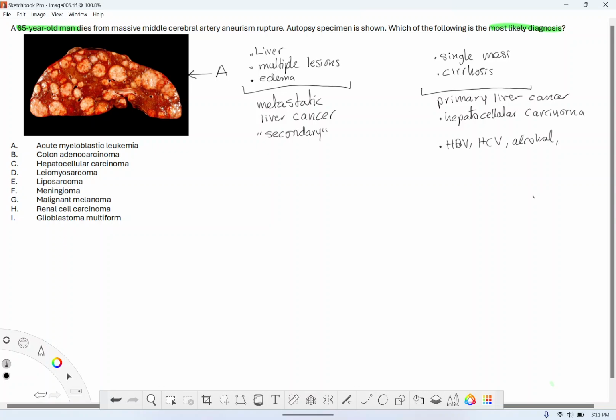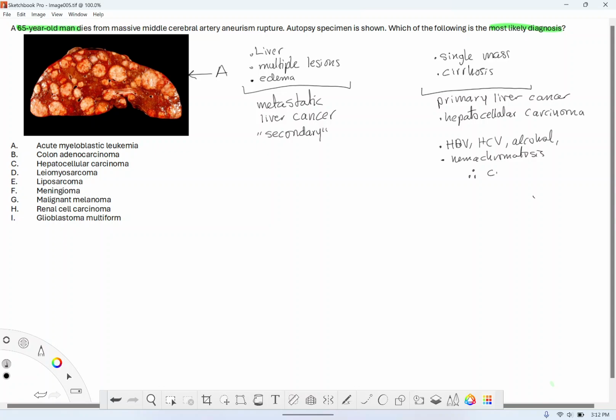And in addition to that, what else can we include in here? Okay, we're just talking about causes of primary liver cancer. Hemochromatosis, right? All of these lead to cirrhosis.